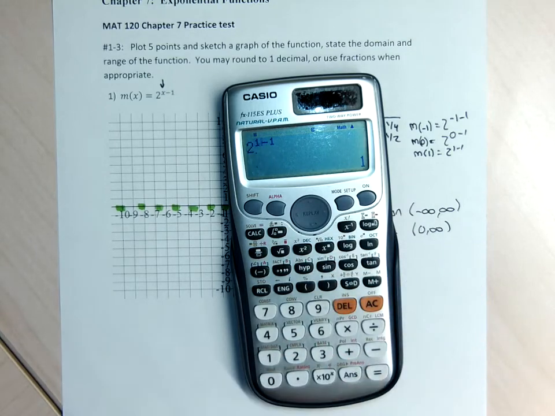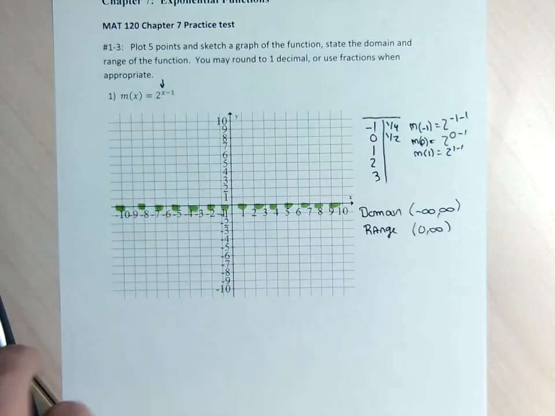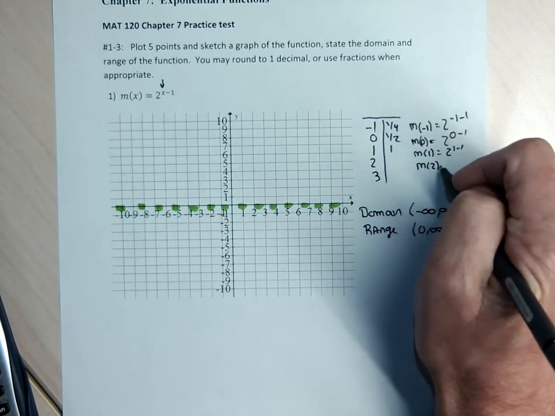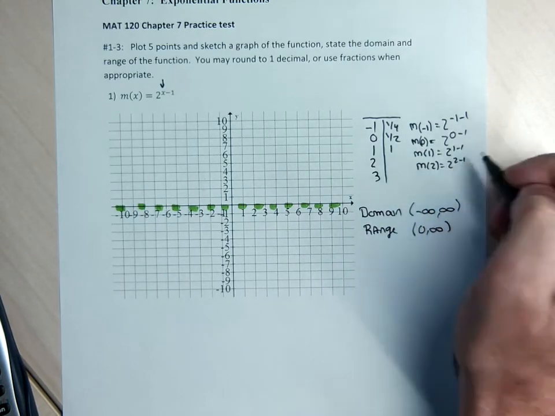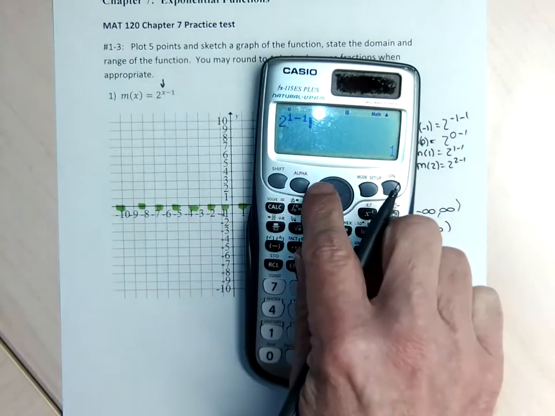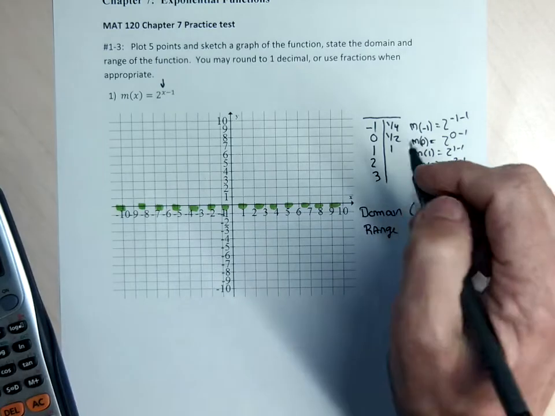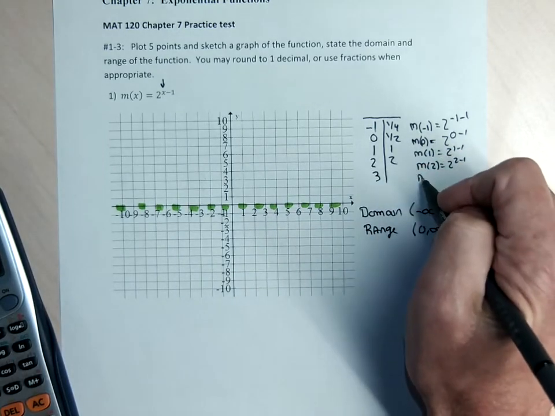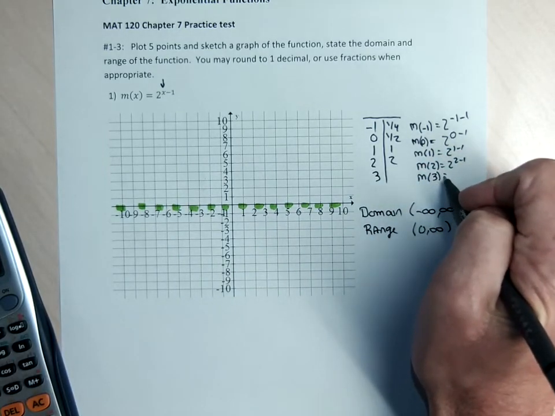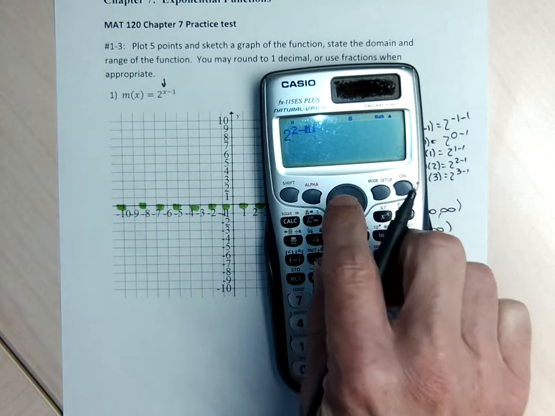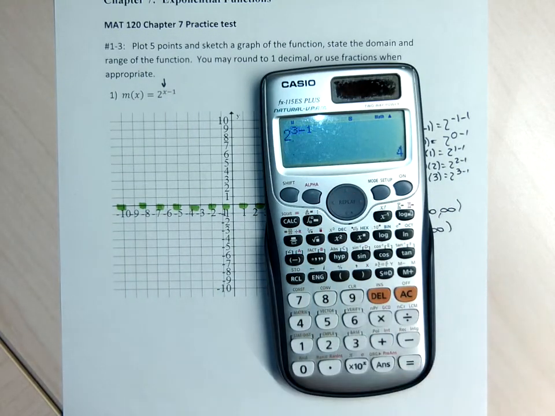You can just use the table feature on the calculator if you've learned how to do that. And then m of 2 equals 2 to the 2 minus 1 power, or you could probably do these in your head. They're not that hard. And then m of 3 equals 2 to the 3 minus 1 power, which is going to be 4.